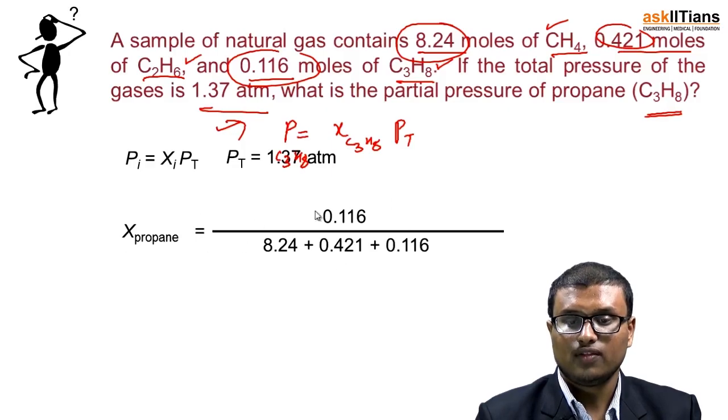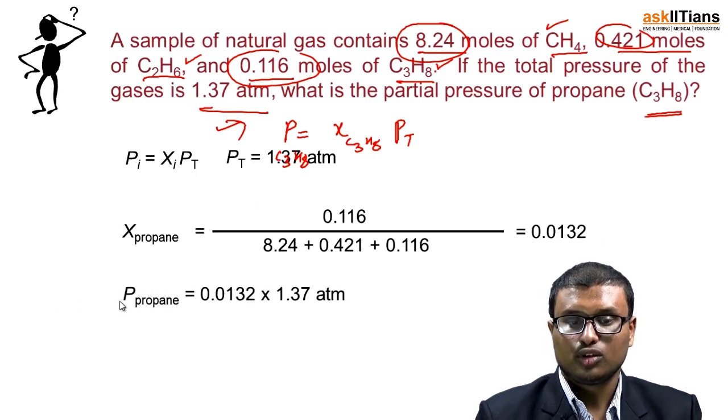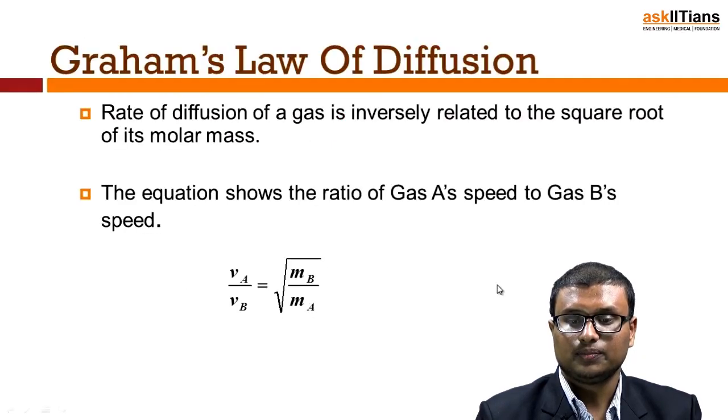So the mole fraction of propane is equal to 0.0132. The mole fraction of propane multiplied by the total pressure gives the partial pressure of propane, which is equal to 0.0181 atm.